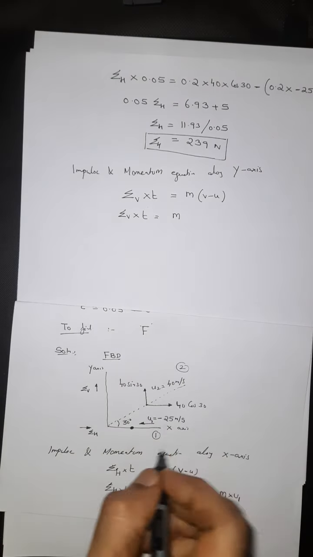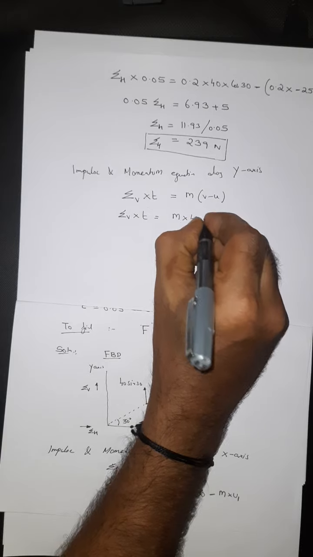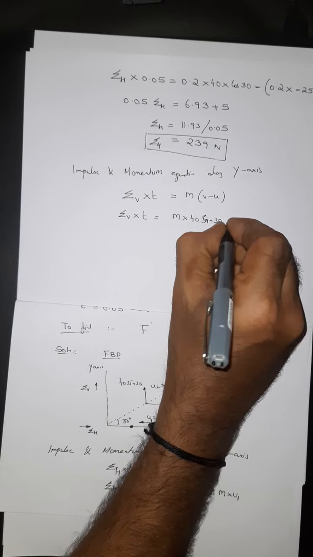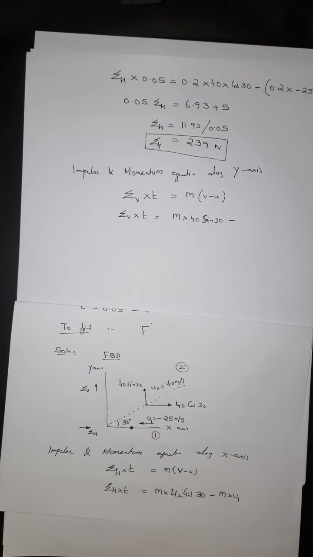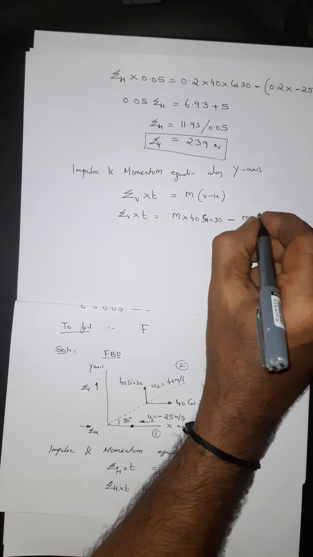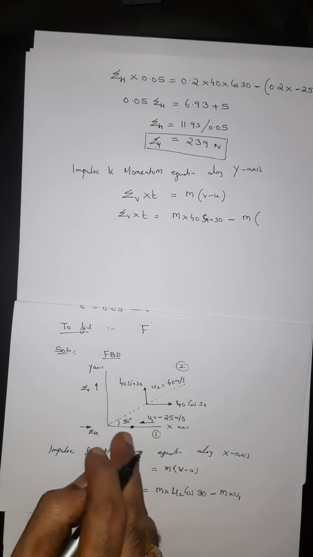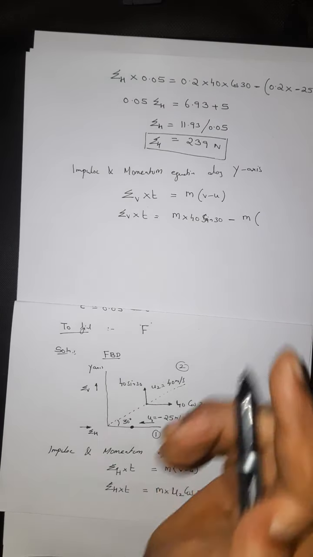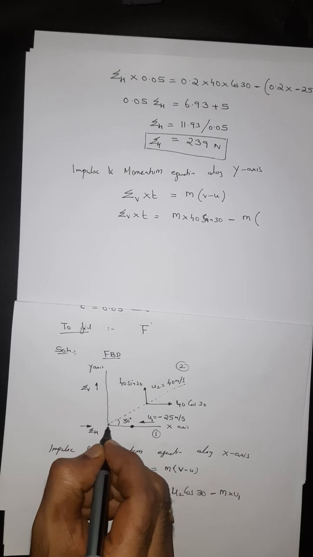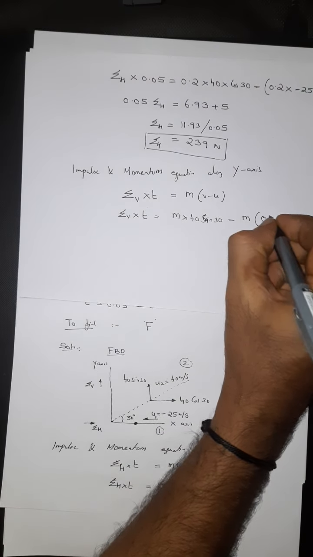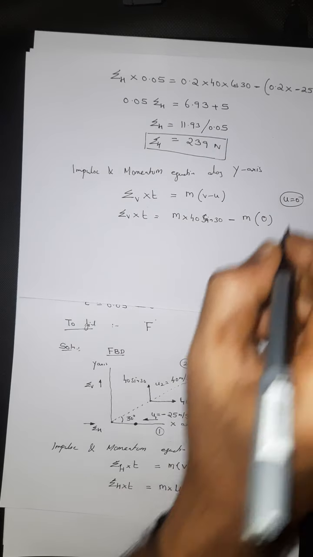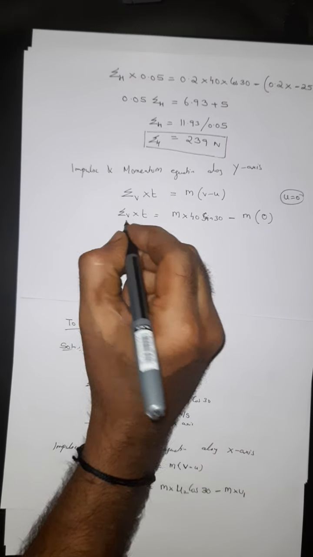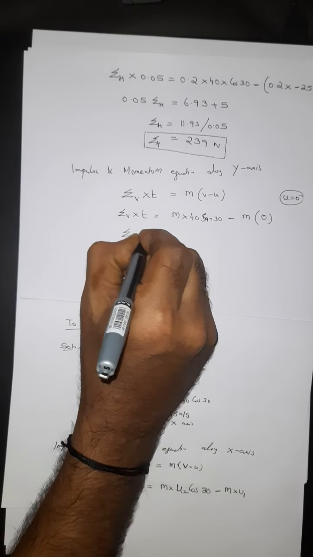So mass into final velocity, which is 40, it's vertical, so sin 30, minus mass into initial velocity, which is 0, because when it reaches here the velocity becomes 0, so u is equal to 0. Correct? Right.